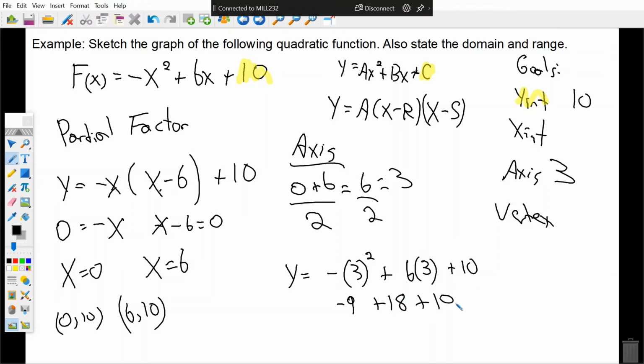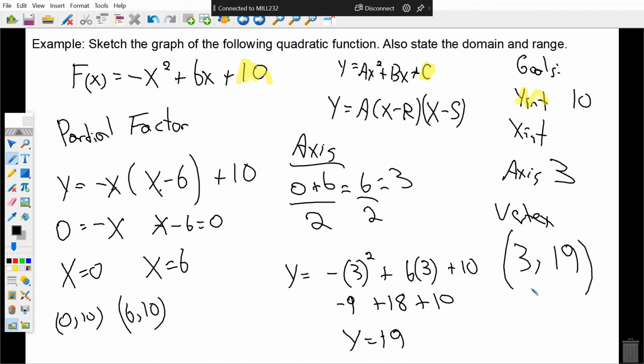So now we're going to go -9 plus 18 plus 10. The axis point is 19. Or sorry, the vertex, I'm sorry. So the coordinates of your vertex are 3 and 19.